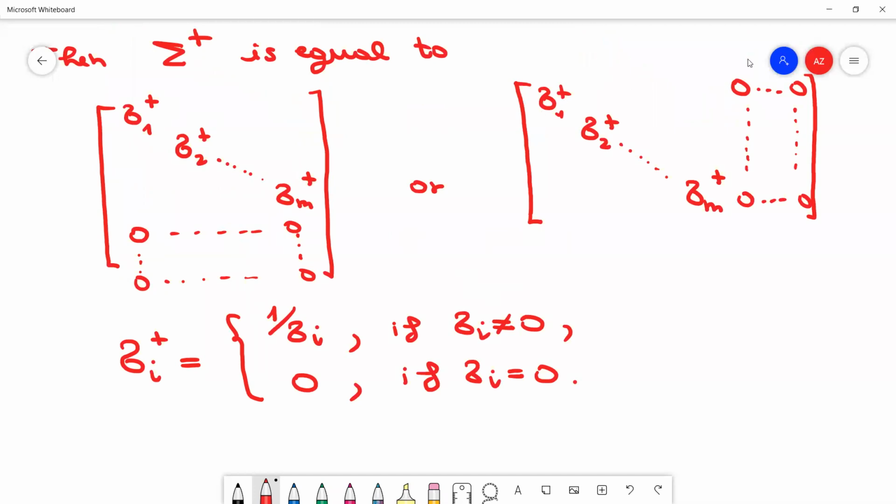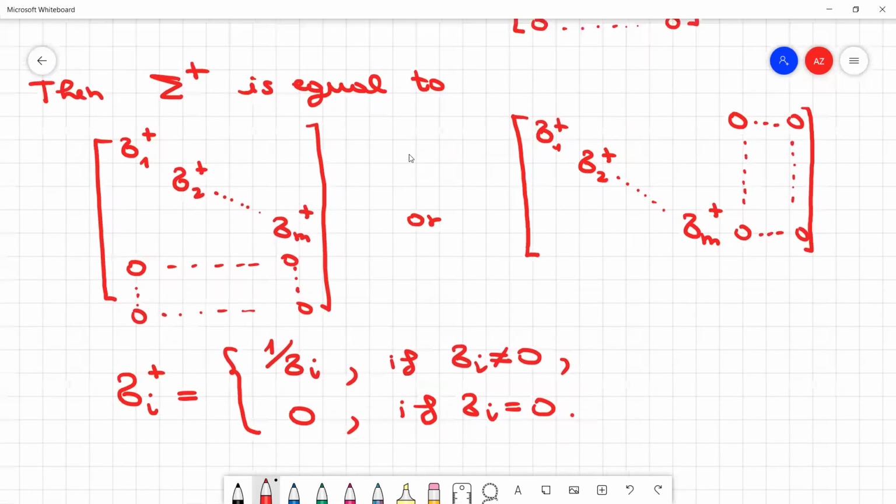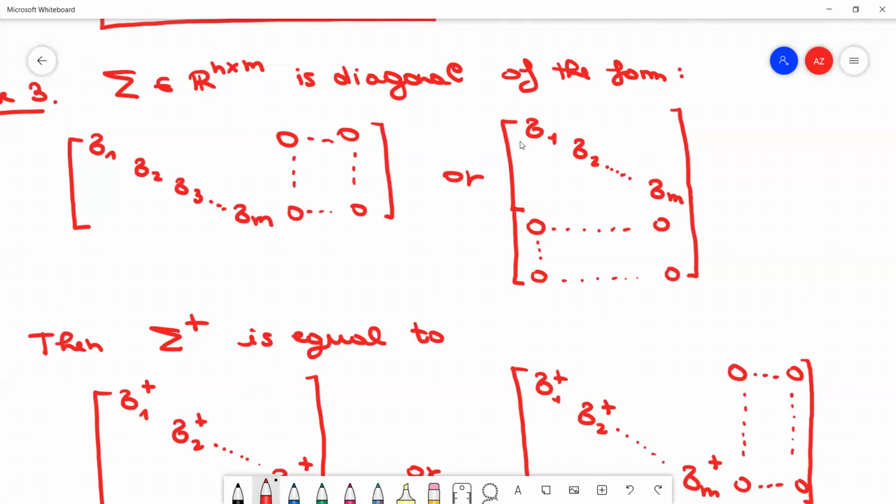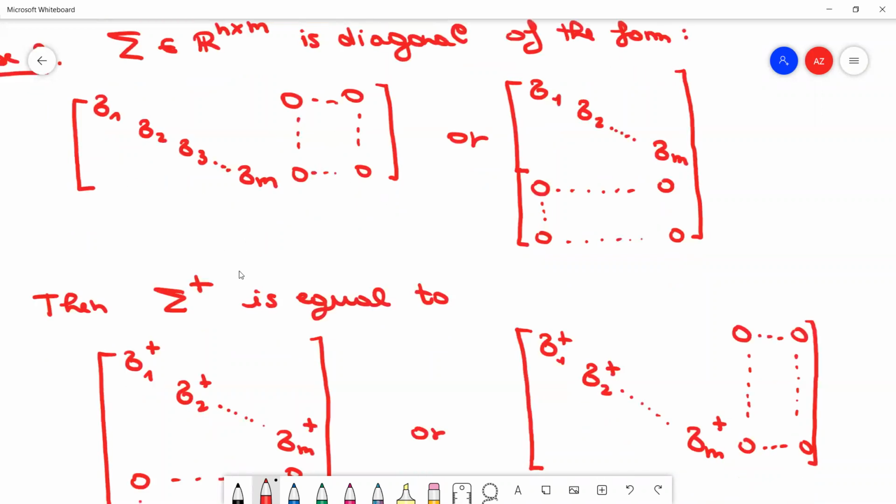Okay, now I look at the chat. The last sigma n in the second case. Let's look. So the first has n rows. In fact, yeah, if we are strict, I made a mistake here. So in the first case, because n is the number of rows, it should be n here, and m is the number of columns.